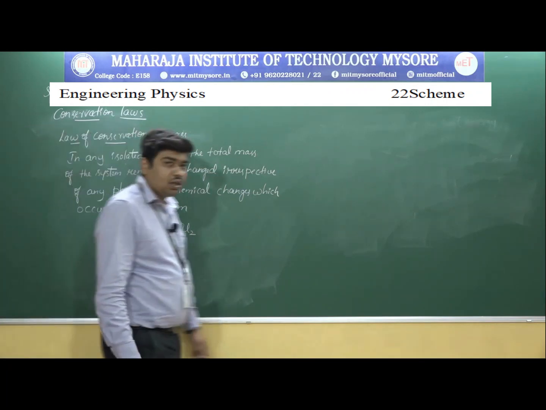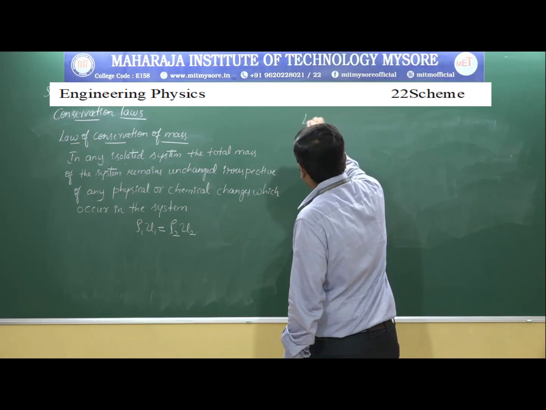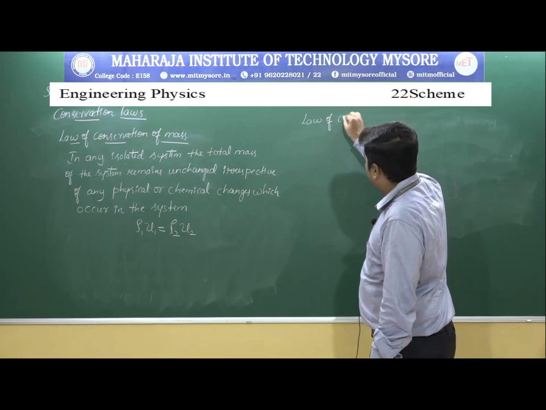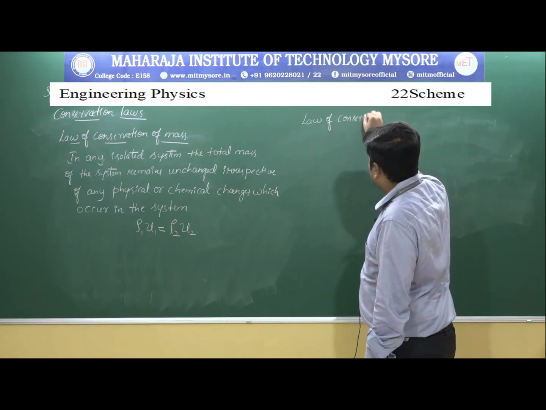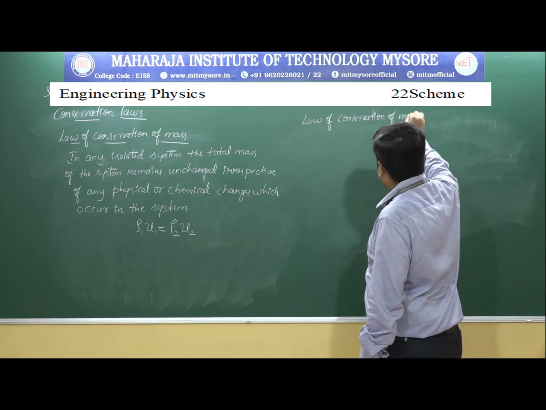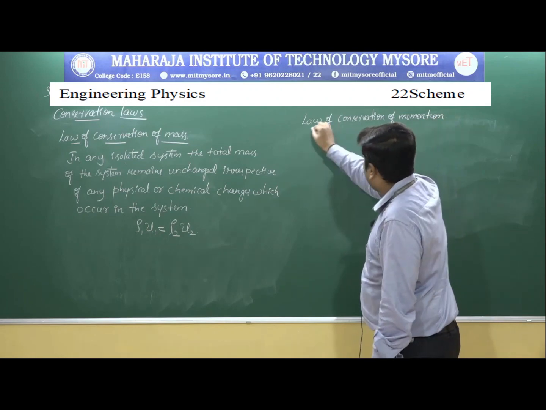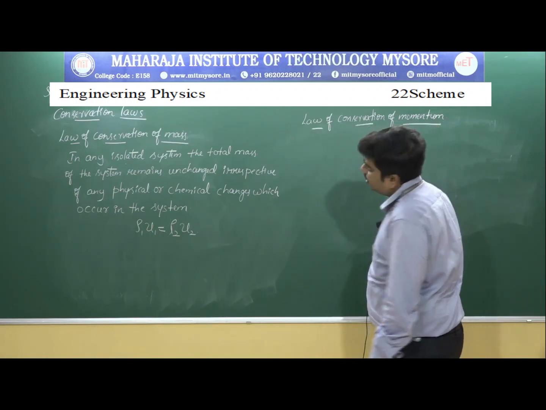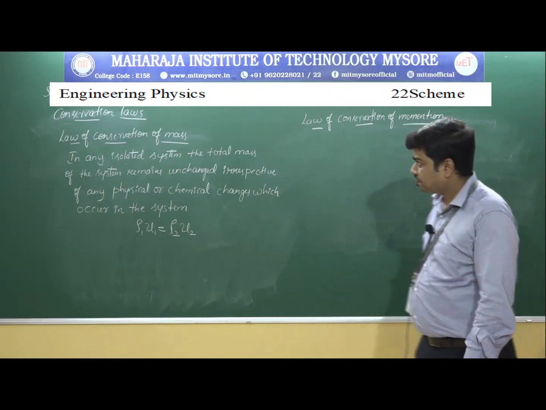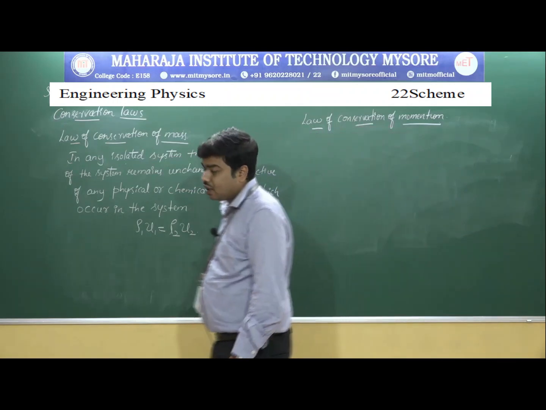Next, we will move on to the law of conservation of momentum. What does the law of conservation of momentum state? It can be stated in two ways.